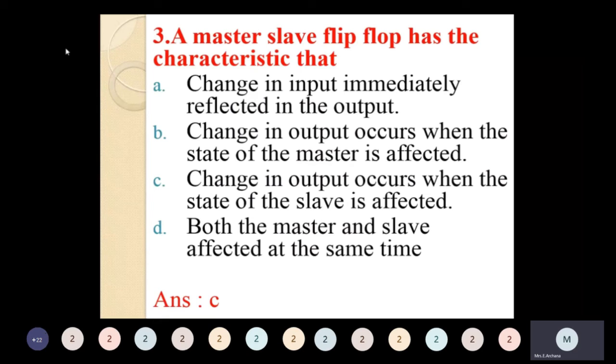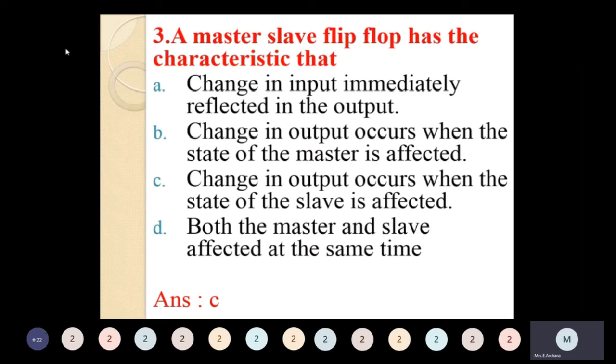So the changes in output occur only when the state of the slave is affected. So the option is C.